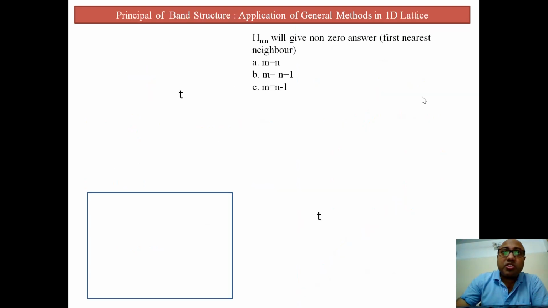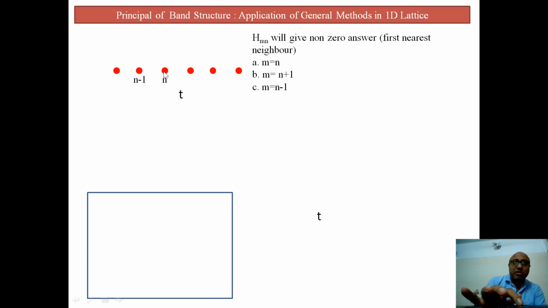So first, you have to consider an array of a one-dimensional crystal, one-dimensional lattice points. You take any arbitrary point and consider it the nth point. So here I have taken this as my nth point. If this is my nth point, then this is the n minus 1 point, and this is the n plus 1 point. Now look here carefully.